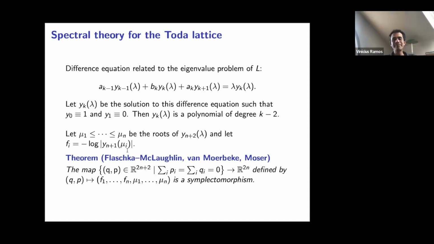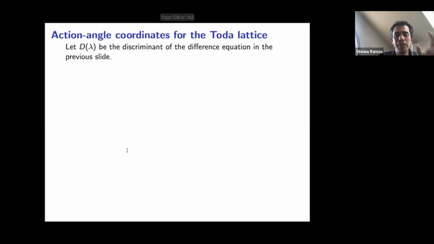Anyway, it's not so simple, but it's basically similar to the KdV case, which is an infinite dimensional version of this. The map that for Q and P spits out the numbers F and the numbers mu is a symplectomorphism. Once you know that that's true, now you can apply action angle coordinates. So it goes like this.